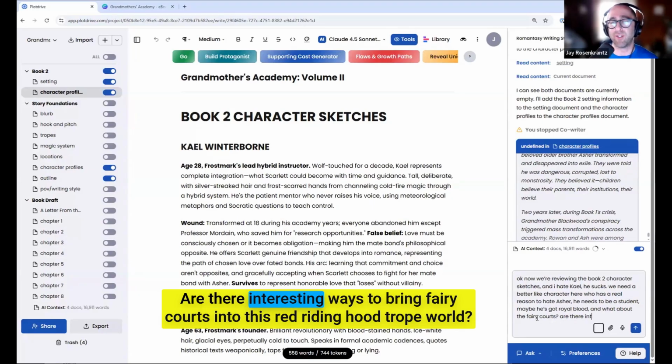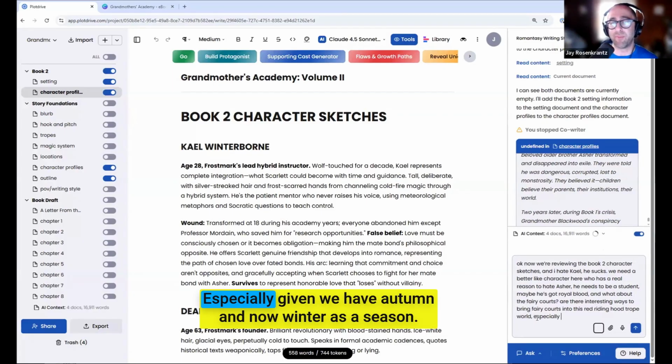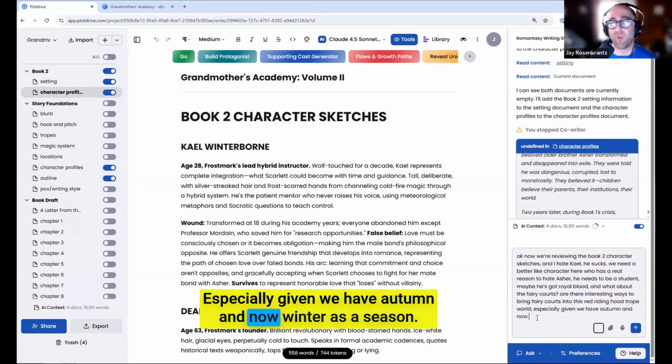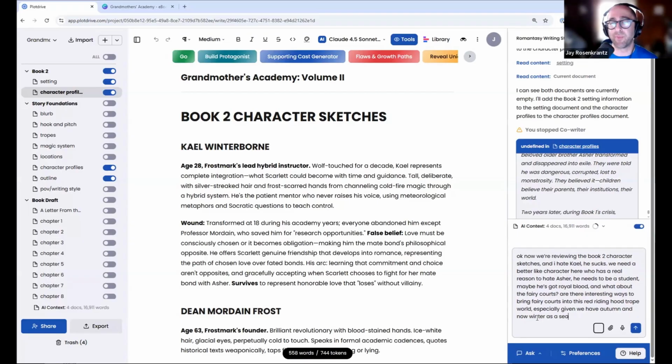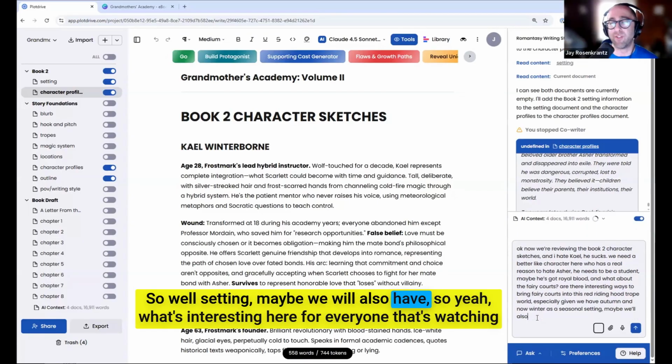Are there interesting ways to bring fairy courts into this Red Riding Hood trope world, especially given we have autumn and now winter as a season, and setting.